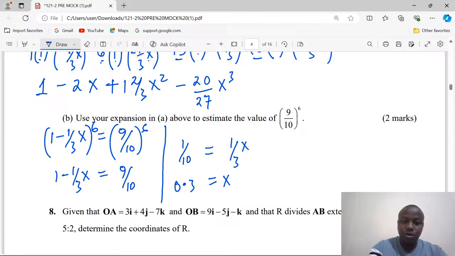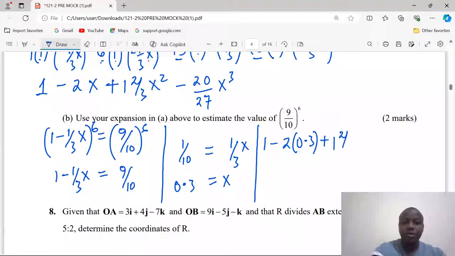Now with the value of x, we can replace it in the expansion up there, such that we have 1 minus 2 instead of x, 0.3, plus 1 and 2 over 3 instead of x, 0.3 squared, then minus 20 out of 27, 0.3 power 3.